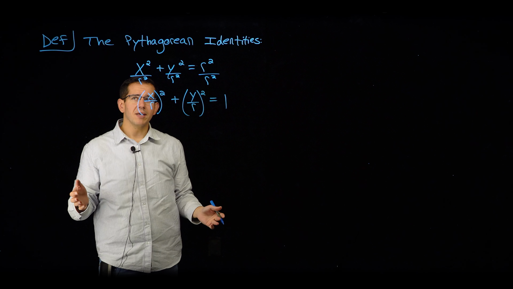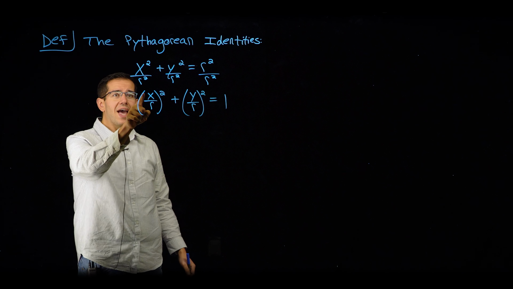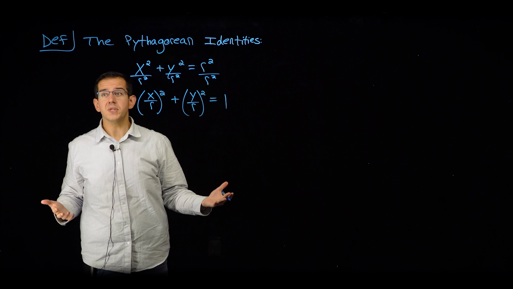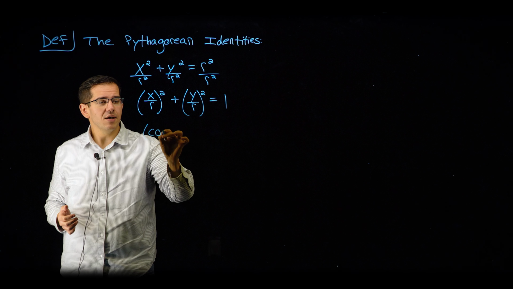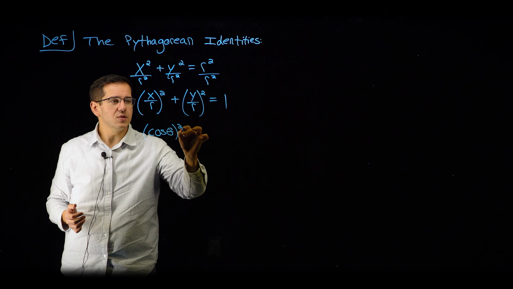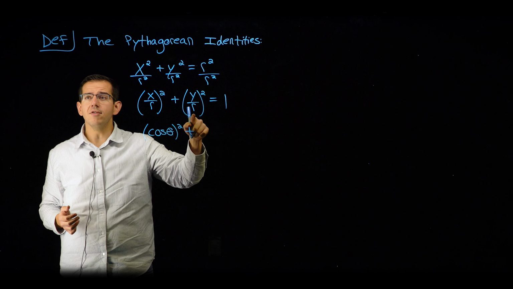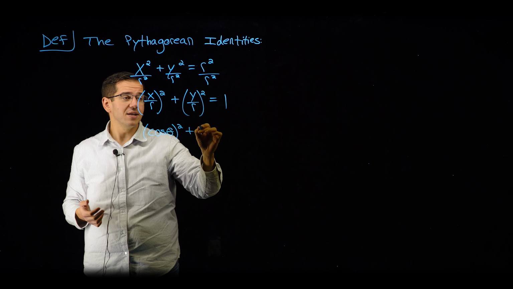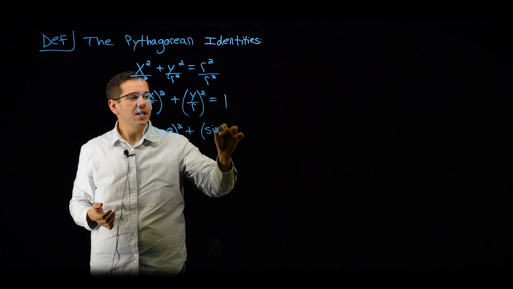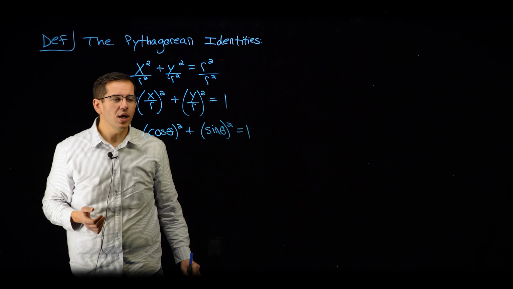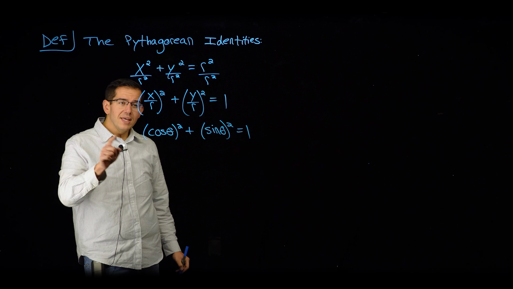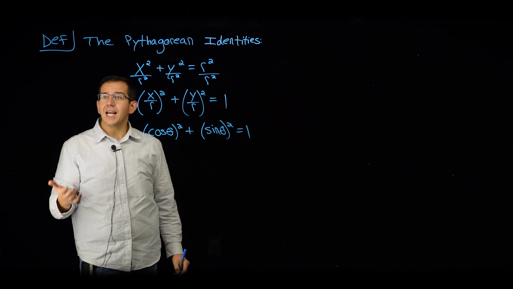That might not seem like a big deal until you remember that x over r is cosine of theta. So this is cosine of theta quantity squared plus y over r is sine of theta. So this is sine of theta quantity squared. And that equals 1. This is our first Pythagorean identity.